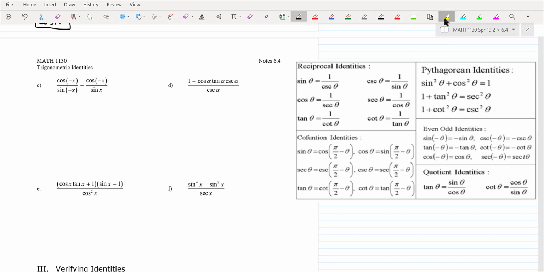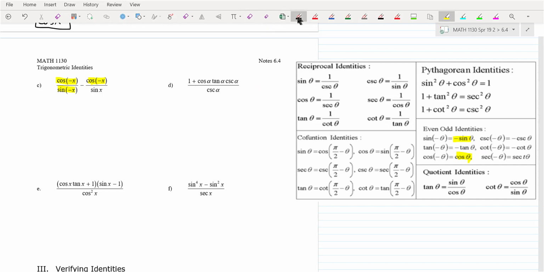So what I would look at on this one is, well, anytime you have a cosine of a negative angle or something, you're probably going to automatically be thinking about even-odd identities. So this goes like this. Cosine of negative x is just cosine x, and then the sine is negative sine x.